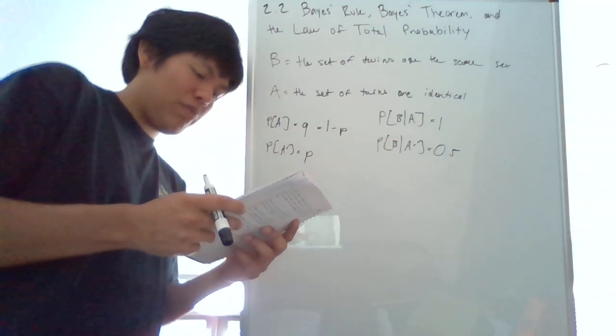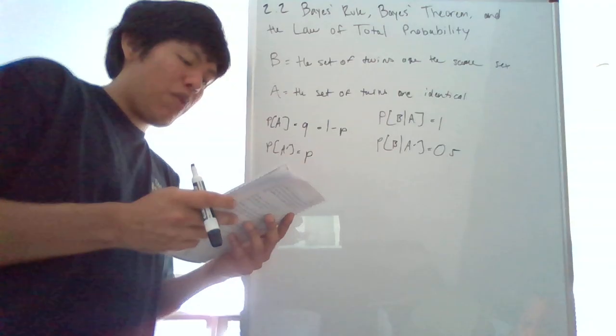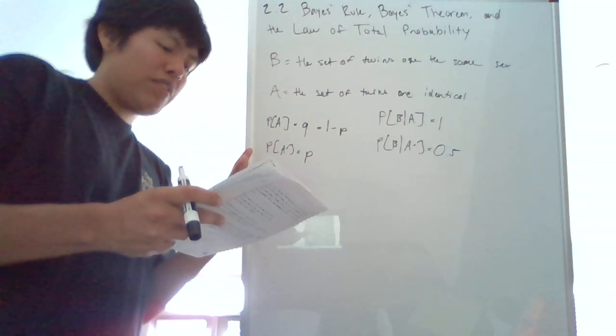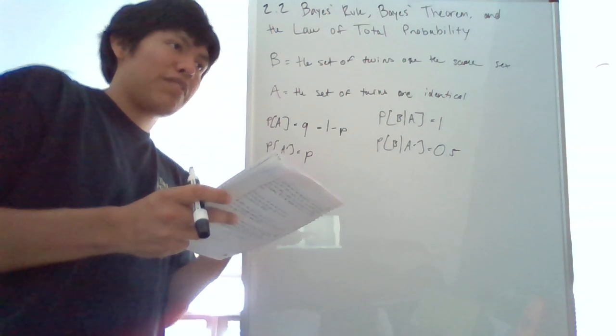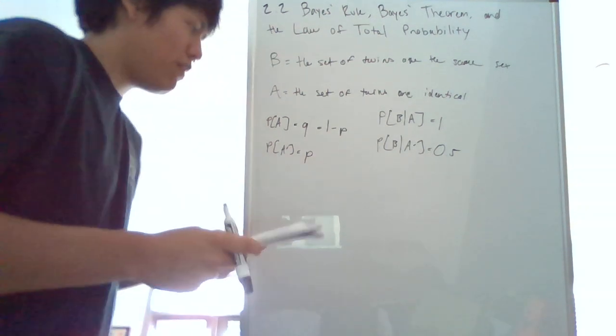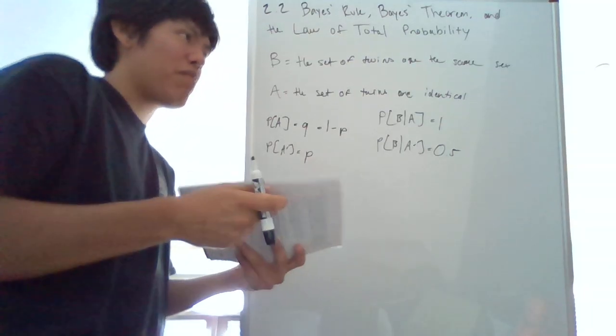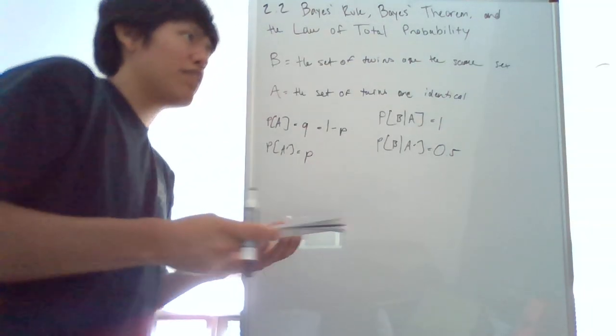So now what we have to do is find the intersection probabilities. So what's the probability of B intersect A?